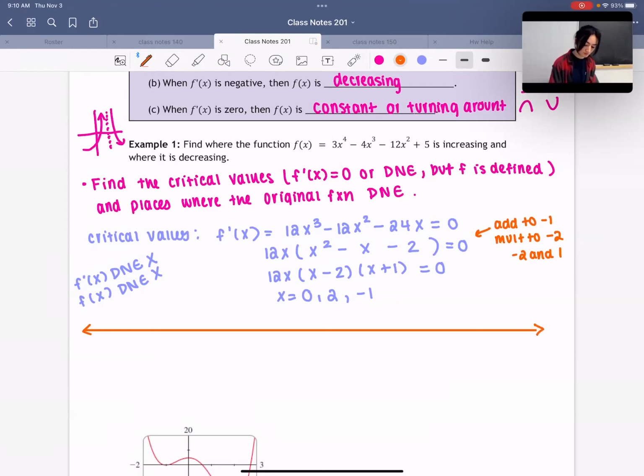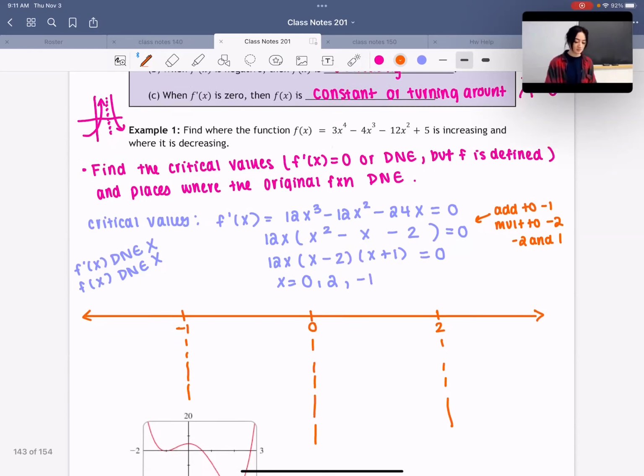On this number line, I'm going to plot the three numbers that I'm interested in, the three candidates where we may switch from increasing to decreasing. I'm going to plot a 0, my -1, and my 2, and don't really worry about the spacing, okay? Underneath my number line, I'm going to mark off sections so I can do something underneath each of the sections of my number line, okay?